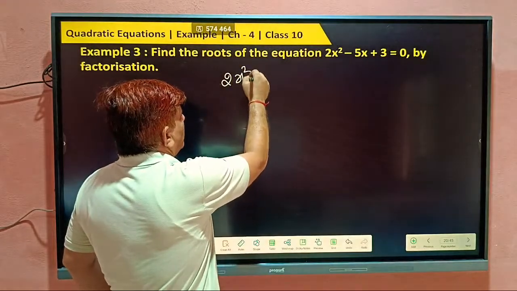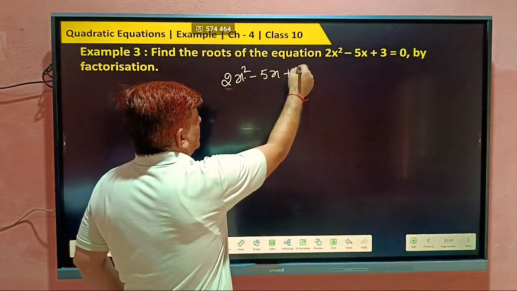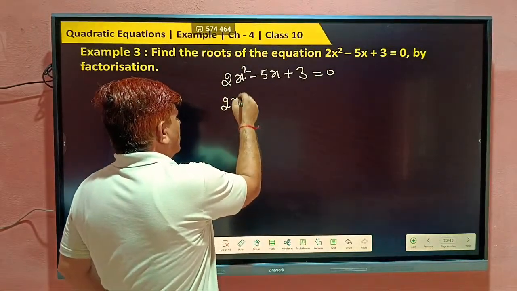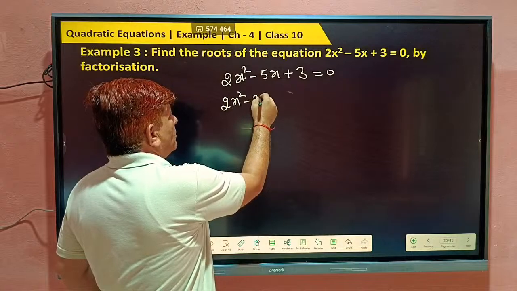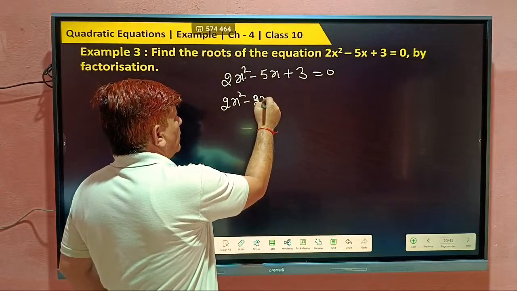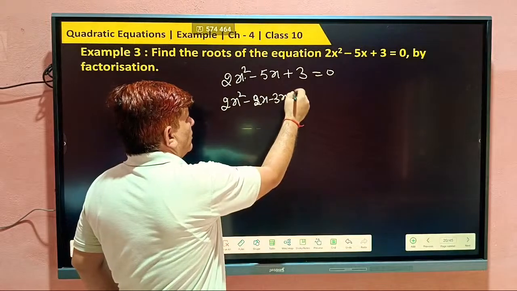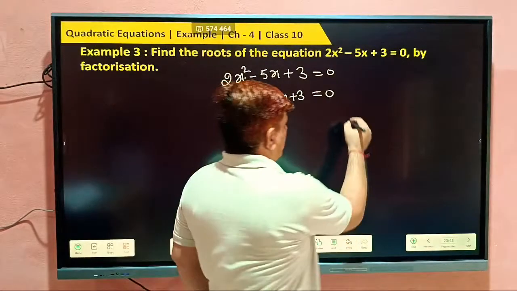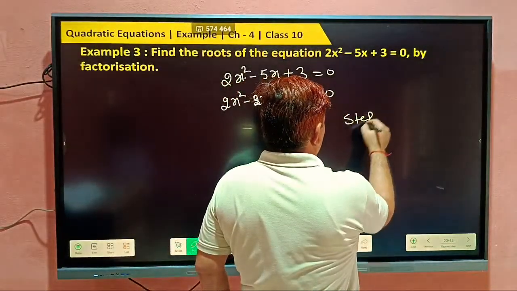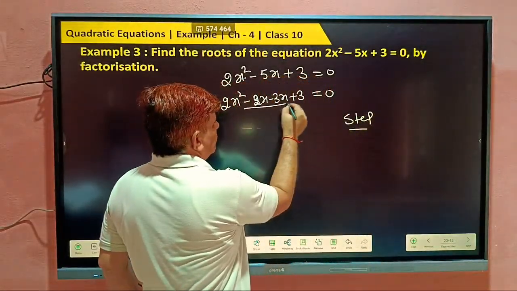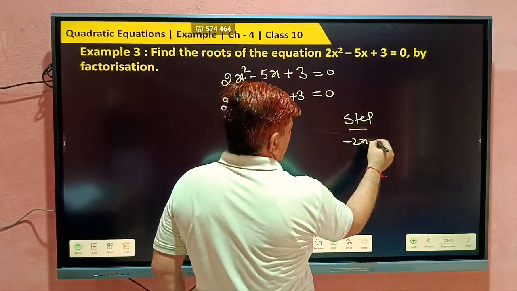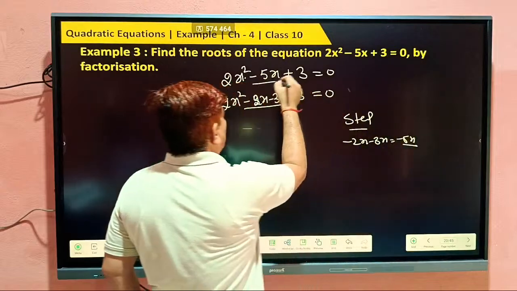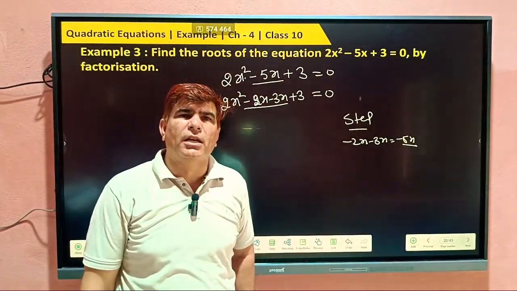2x square minus 5x plus 3 equal to 0. Look one time: 2x square, minus 2x minus 3x, plus 3 equal to 0. So two steps are there. First step, what's the sum of these two? Minus 2x minus 3x is equal to minus 5x. This and this are right, meaning your first step is right.